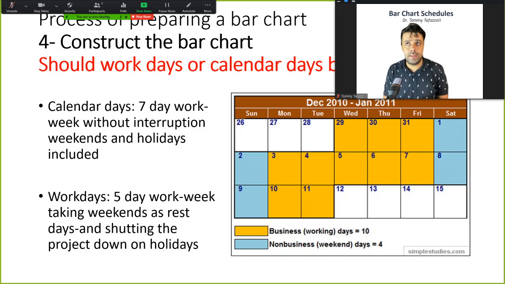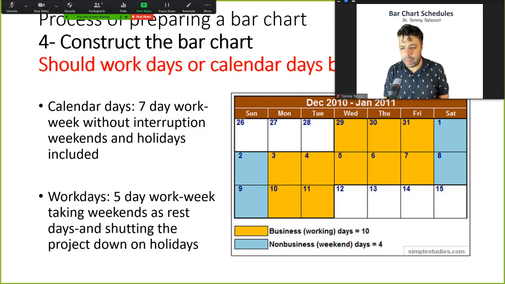But there are some activities that you have to wait for, and no matter if it's a holiday or a weekend, it is in progress. The best example is curing the concrete, right? You need someone to water the concrete and to cure it, even if it's on a Sunday.